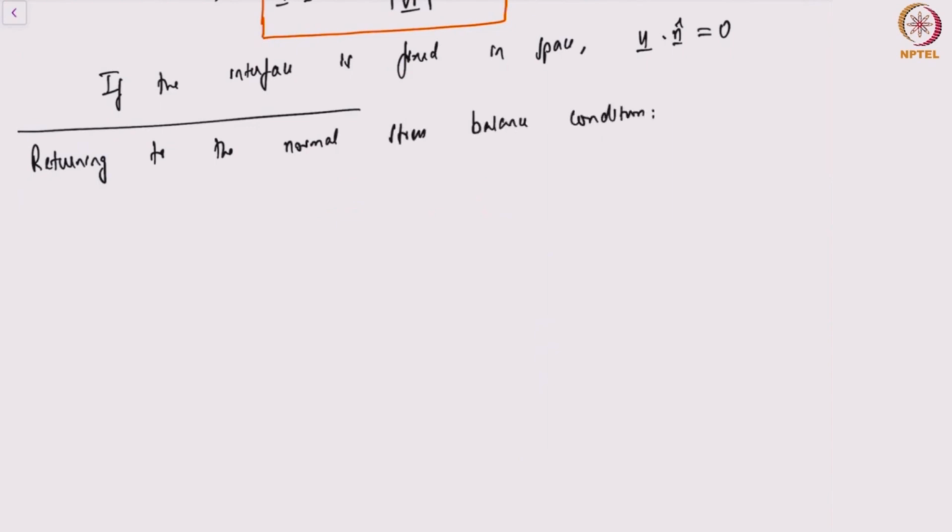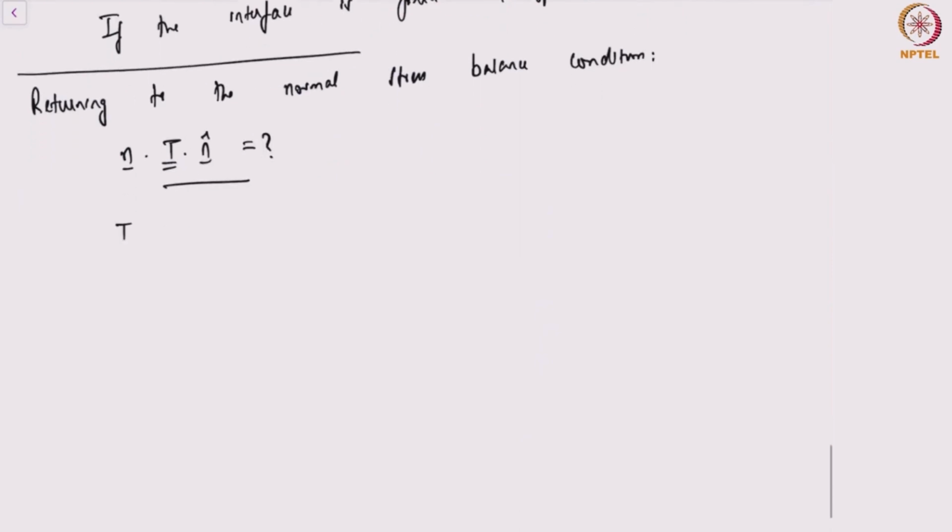How do we do this? We first have to determine n dot t dot n. What is this? Okay.